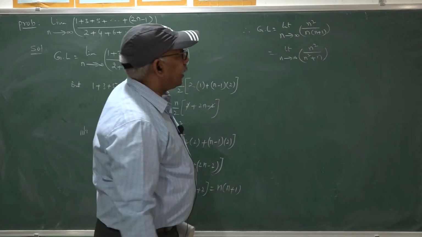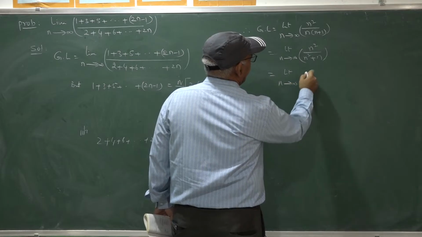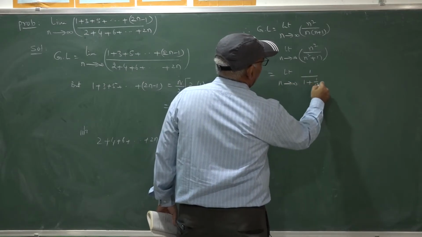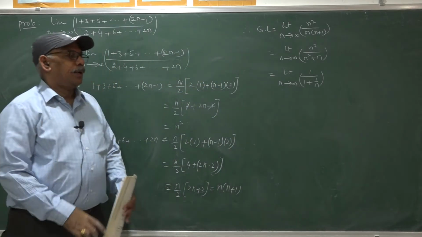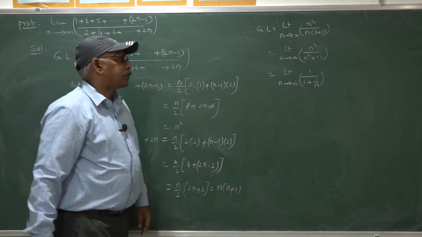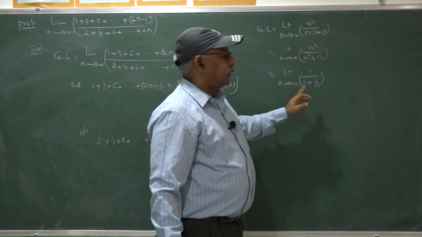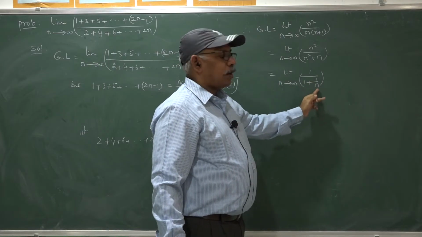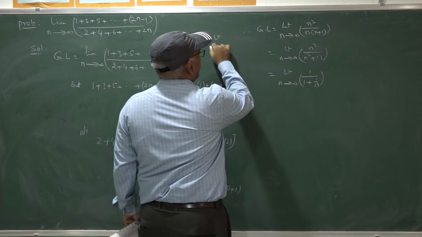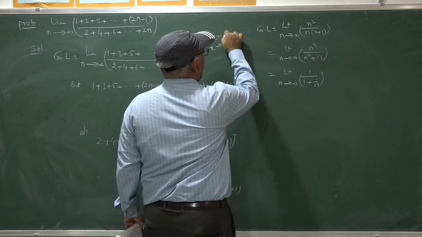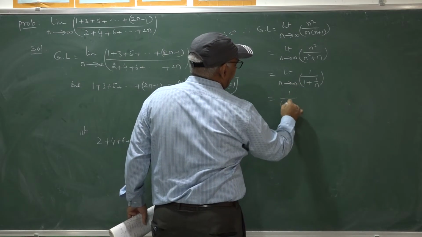Dividing the numerator and denominator by n square, we get limit as n goes to infinity 1 by 1 plus 1 by n. As n goes to infinity, 1 by n always goes to 0. Already, as x goes to infinity, 1 by x goes to 0. Based on that, this part becomes 0, so 1 by 1 plus 0 is 1.